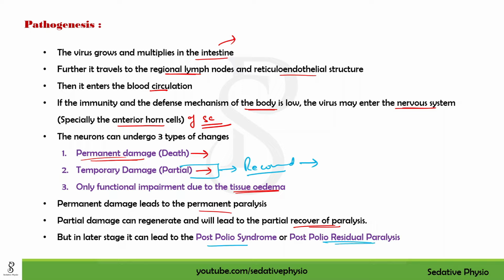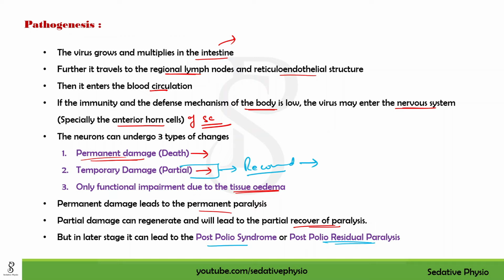In the condition of partial damage, partial paralysis, temporary damage of the neuron, in the latter stage it can lead to post-polio syndrome or post-polio residual paralysis. This post-polio syndrome basically includes some symptoms like deformities of the joints, muscle wasting, and many more. We will discuss it in the next slide today.